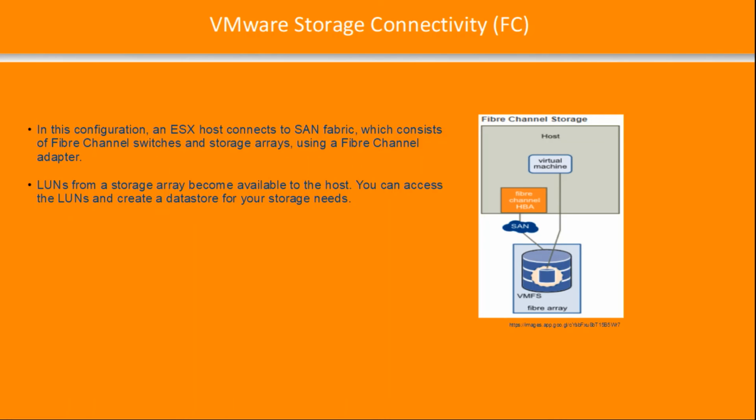In this configuration, as shown in the picture, an ESXi host connects to the SAN fabric, which consists of storage arrays, using a Fiber Channel adapter. Again, these are dedicated components, and LUNs from a storage array are made available to the host, and once formatted as a data store, ESXi can access the information on those data stores.